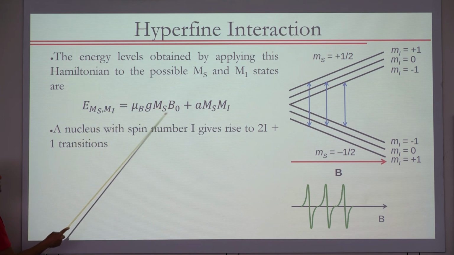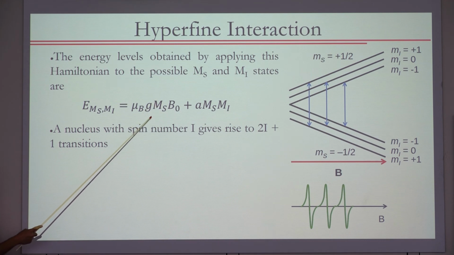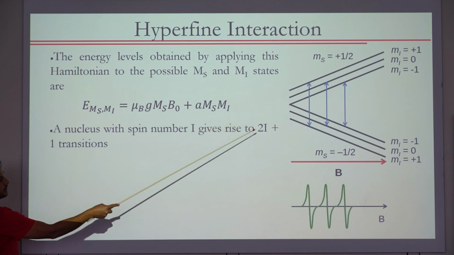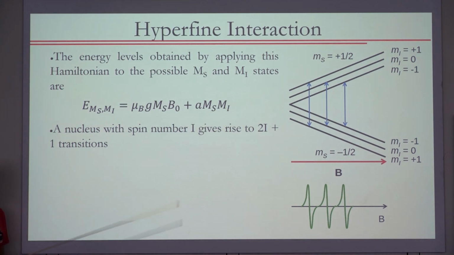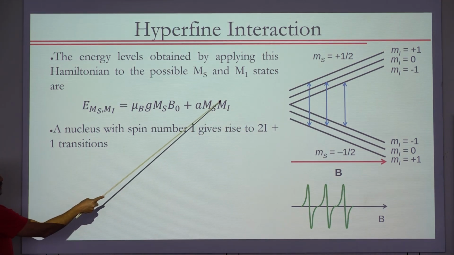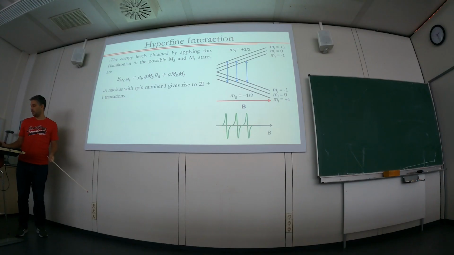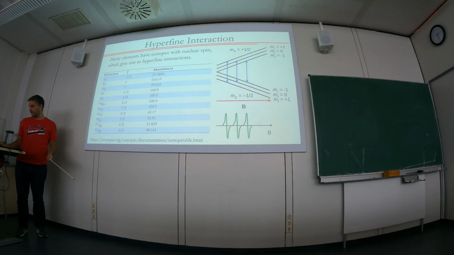So this is MS, plus or minus 1/2 for one electron, and this will be plus or minus 1/2, and for the case of, let's say, 14 nitrogen, it will be plus 1, 0, or minus 1. So you can calculate the different energy levels. That's what is plotted there.